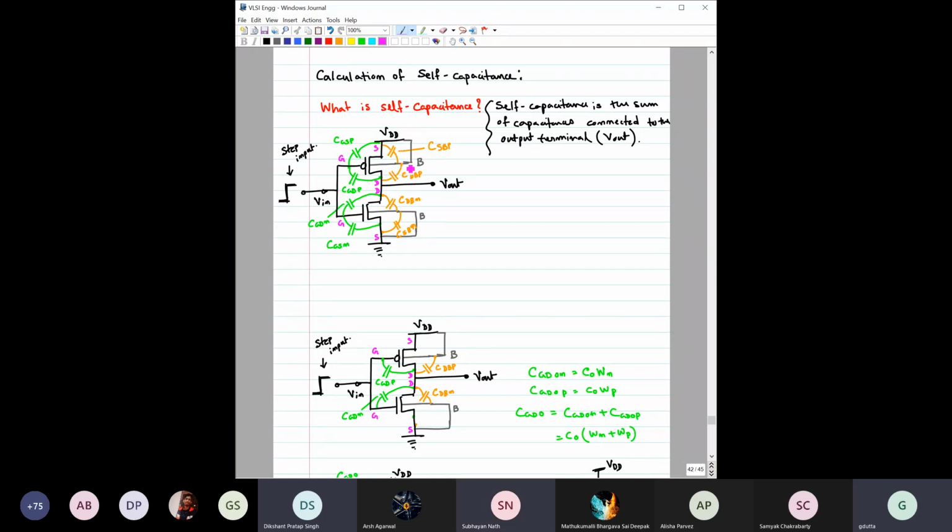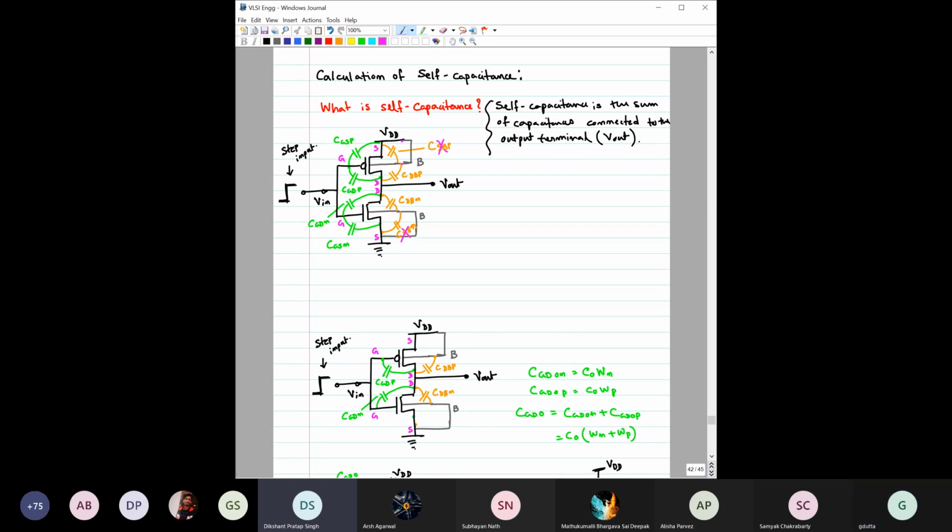So for PMOS we don't need the SBP and SBN. Very good. Then obviously this port and this node are connected, so the capacitance between these two we should also not consider. Isn't it right, Shubhayan? Yes, sir.